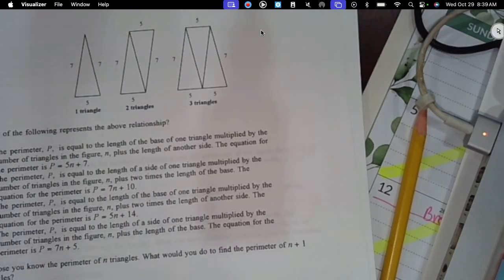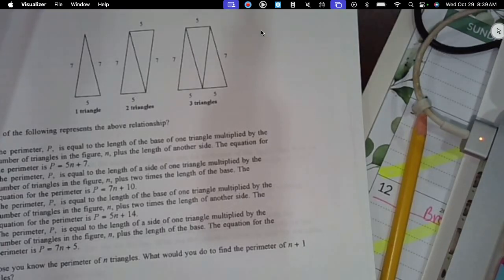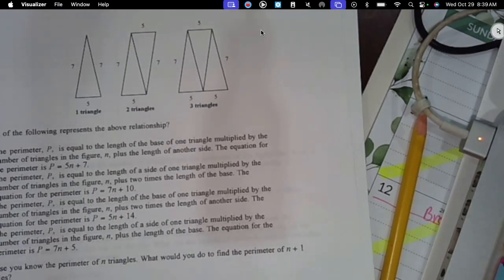Okay, I'm taking the triangle ones off, because there's no need in having two of those on there. So the triangle ones are off of there.